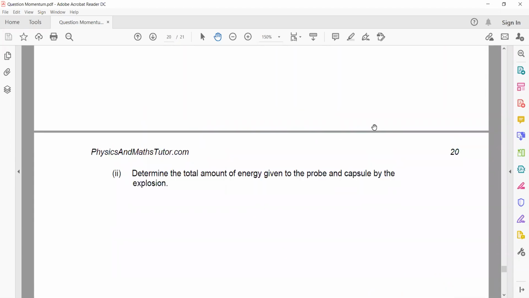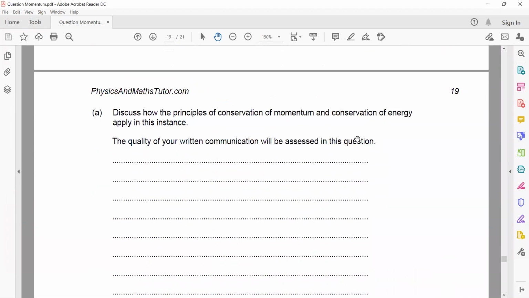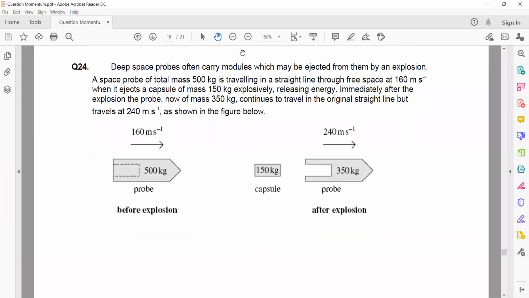So basically, originally there is a kinetic energy. As we worked out, the kinetic energy is a scalar quantity, so it does not depend on the direction. It was moving with 26.7 meters per second.